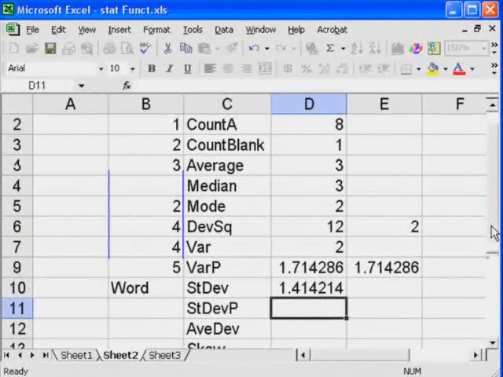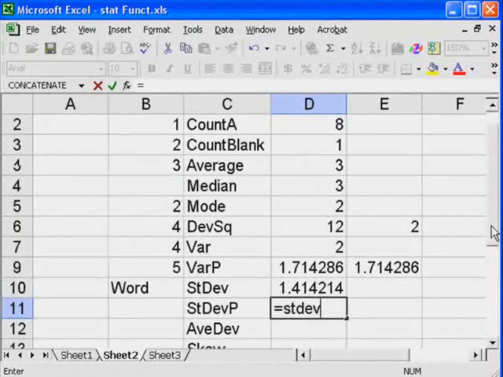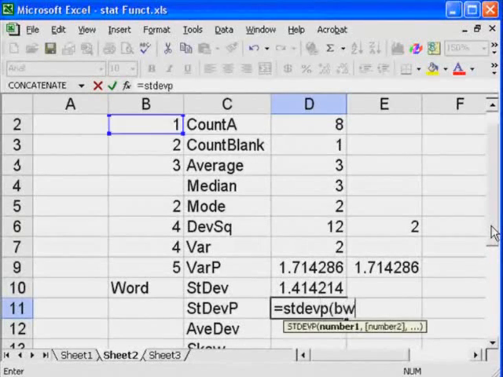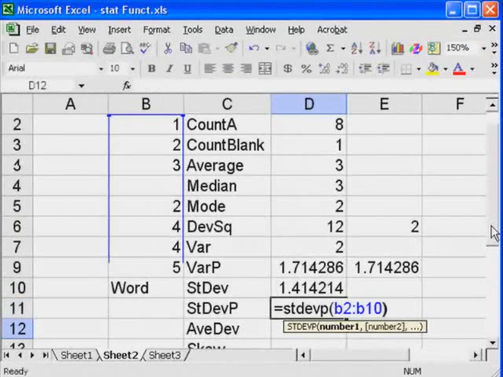If I wanted the standard deviation based on a population, I'd put equal STDEVP and then a left parenthesis B2 colon B10, end of parenthesis, and hit enter.